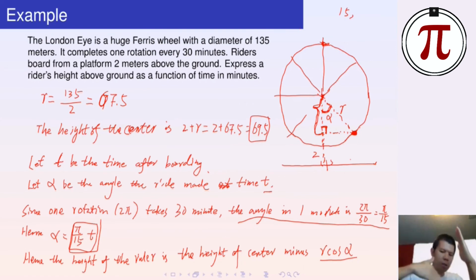In t, there is going to be an angle, and whatever the angle is, you need to express it in terms of t, because it's a function of time. After we get this alpha, do your analysis of geometry, and then represent the height as a function.